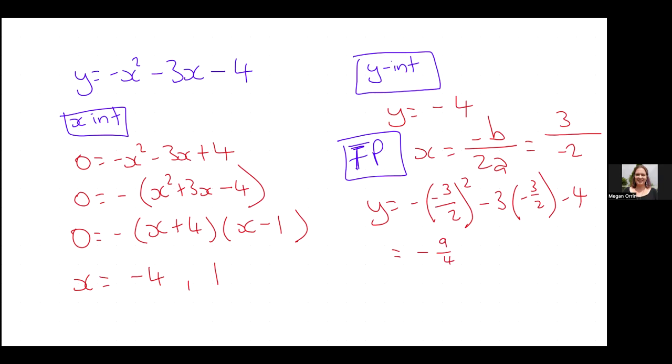Plus 9/2 minus 4. You can do this on a calculator. You don't have to do it all by hand, but if I did it by hand, 16/4. All right, if you did this, so this is what, 9 minus 16 is -7/4.